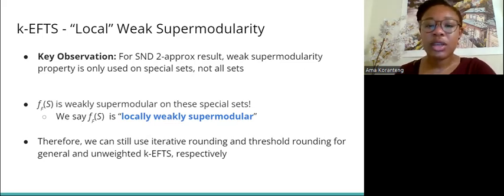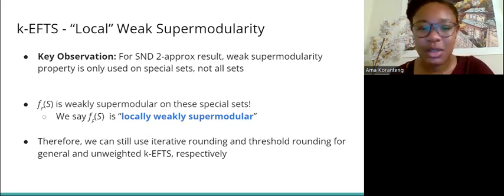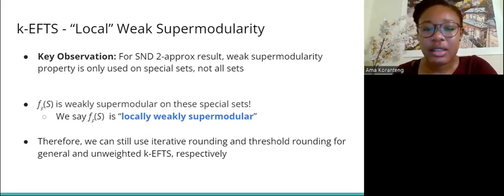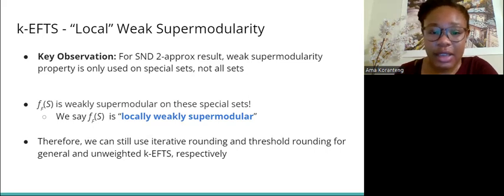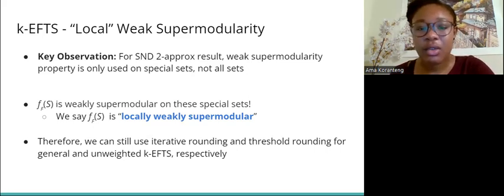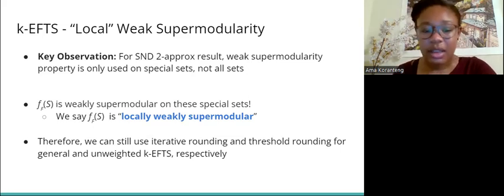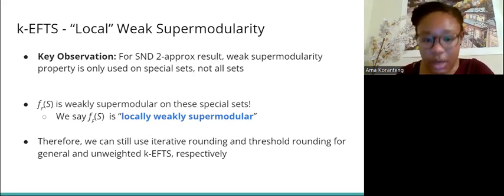Instead, weak supermodularity was only being used for certain special vertex subsets. If you want more information about what properties these special vertex subsets have, feel free to check out our paper. But anyway, fortunately, we found that this cut function we just defined, f_F of S, does satisfy the weak supermodularity condition on these special vertex subsets. And so we say that f_F of S is locally weakly supermodular.